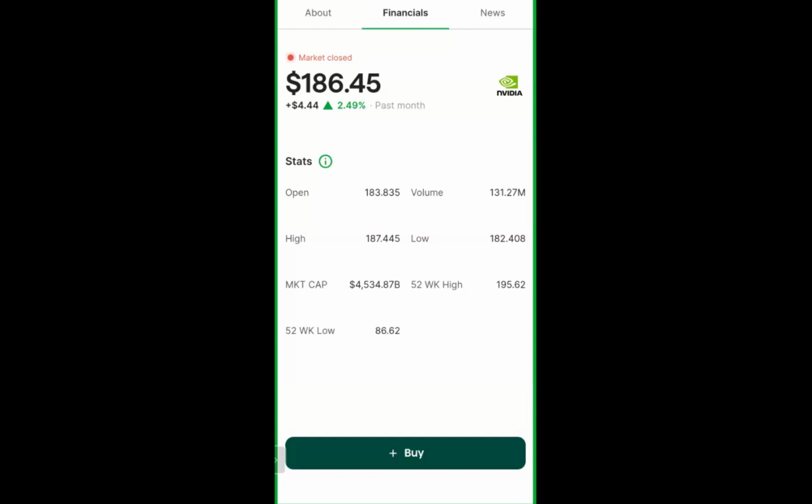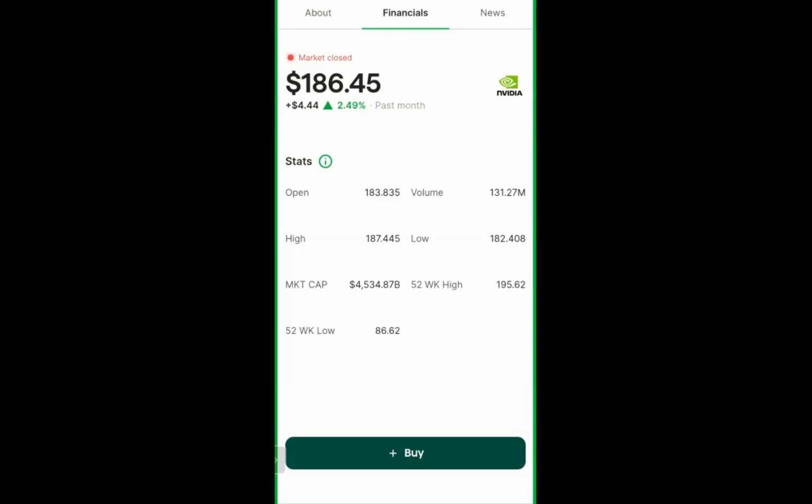Financials tells you what price the stock opened with, the highest they've ever gone, the lowest they've ever gone, and their volume, so that you get to know the number of shares they have outside. Then the market capital, which we talked about under capitalization, is about 4 billion plus.